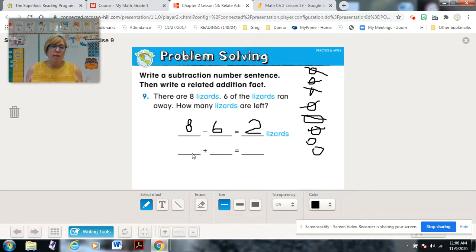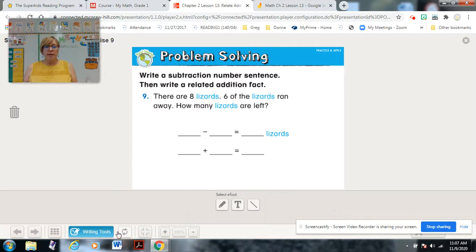I'm just going to start from where the difference is, which is the number 2. Then I'm going to add the number 6. And because they're related, and I know I have to use all these numbers, I don't even have to count. And I'm going to put an 8 right here. All right, so 2 plus 6 equals 8.